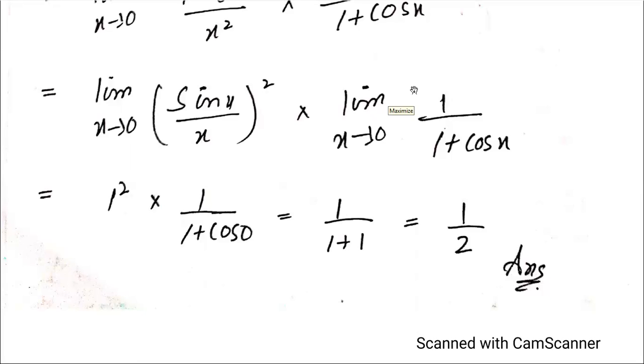It means 1 upon 2, again a finite number. It means again the limit exists and is equal to 1 upon 2.